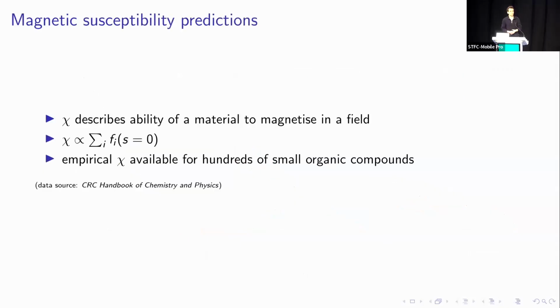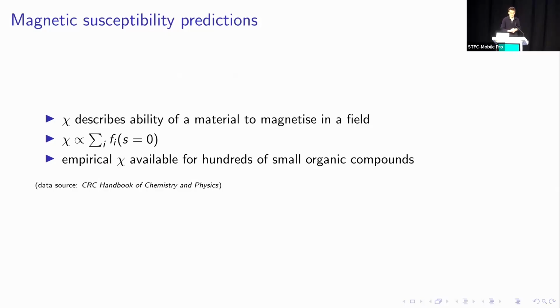And the final piece of data I want to show is something that's, in a sense, orthogonal to cryo-EM. And it relates to predicting a quantity of materials called the magnetic susceptibility, which describes the ability of a bulk material to magnetize in an external field.